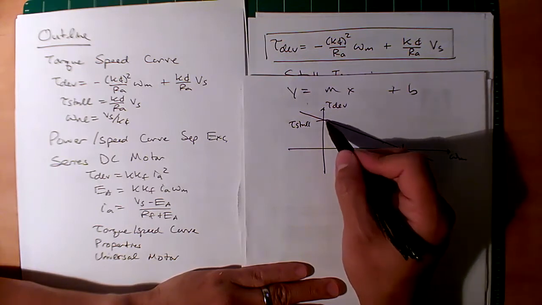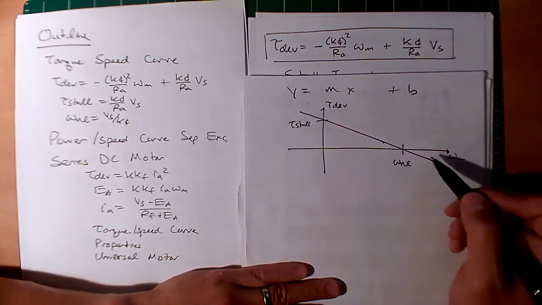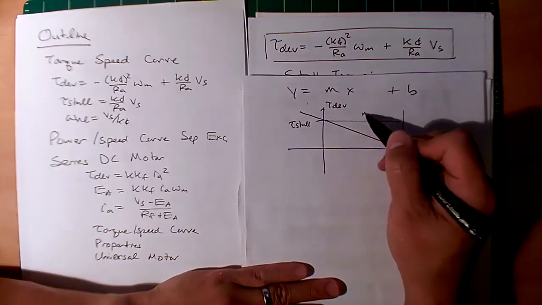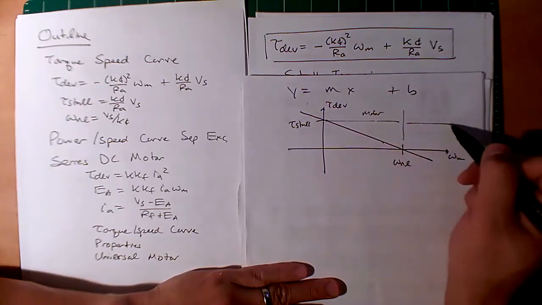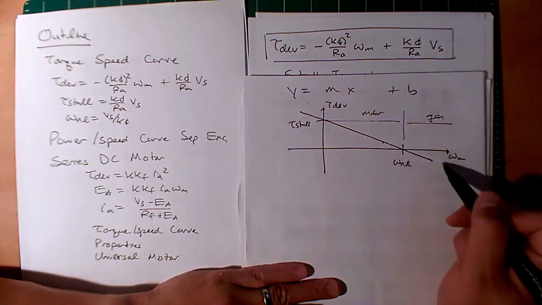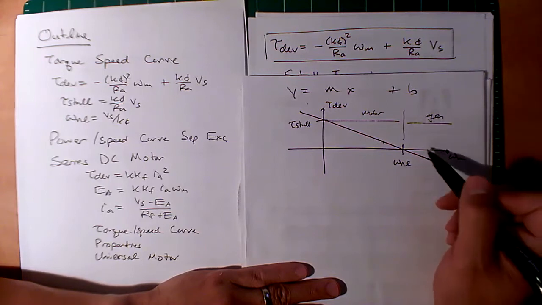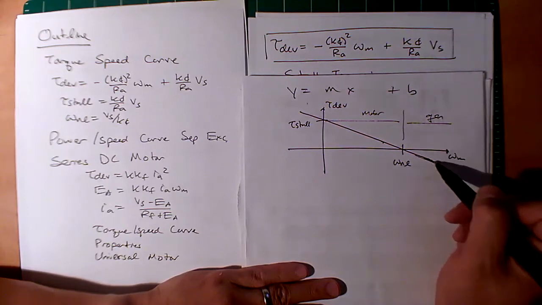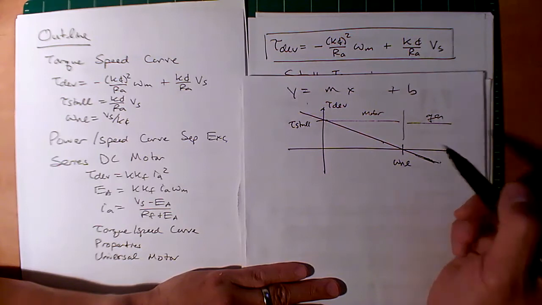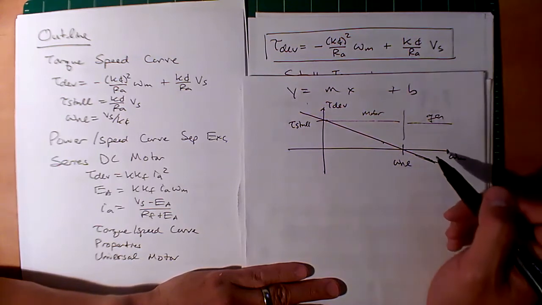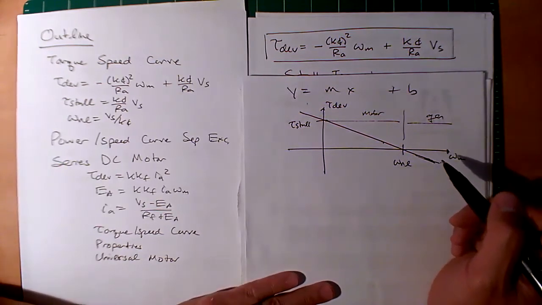And by Biot-Savart law, you can get a lot of torque with a lot of current. In this region you have a motor state, and over here you have a generator state. In this generator state, notice the torque is negative and the motor is being pulled by the external environment faster than it wants to go. You reverse the torque, which means you reverse the current, and you're going to get an energy charge on your voltage supply.